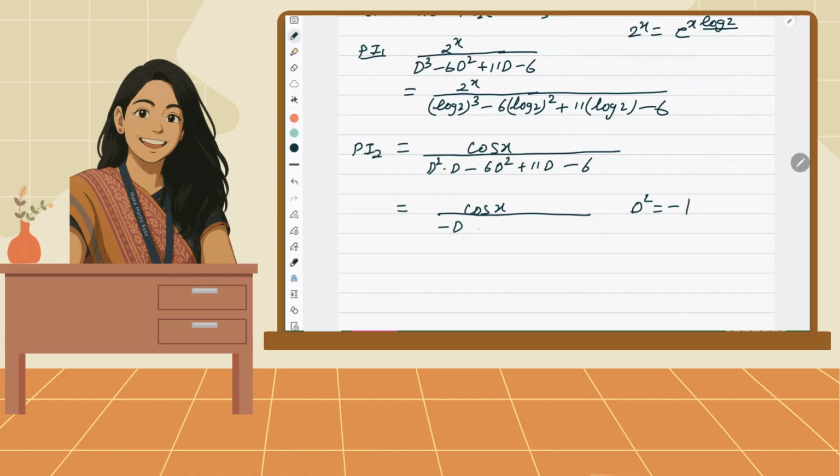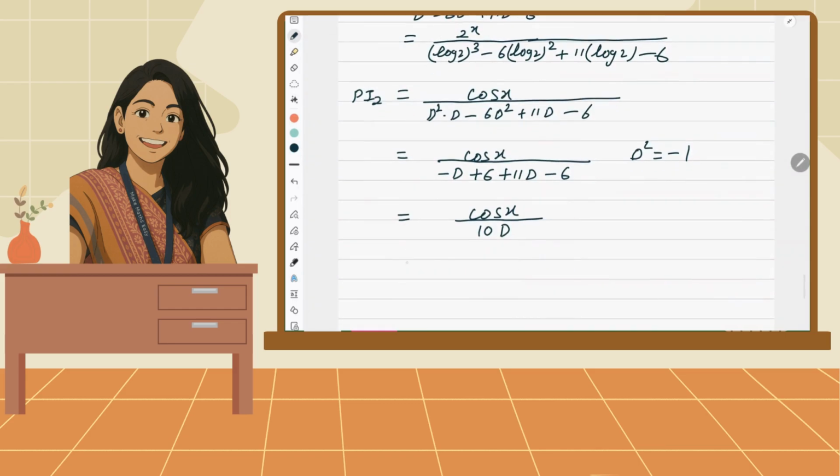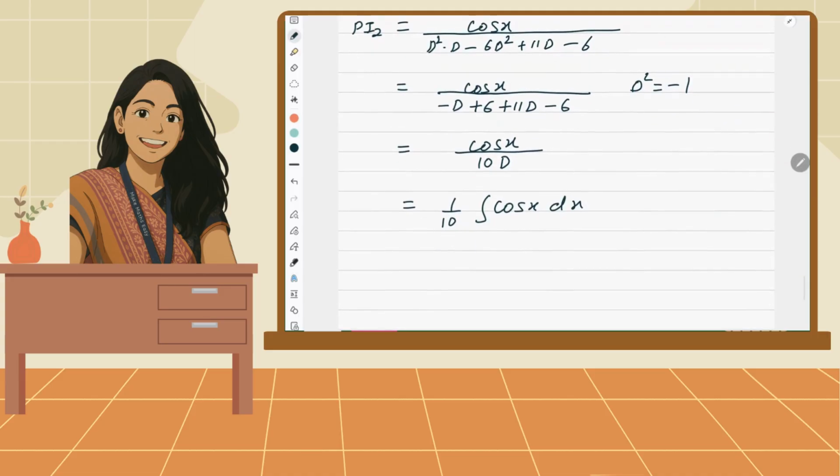So minus d plus 6 plus 11d minus 6. So this is cos x upon 10d. So this is equal to 1 by 10 integration of cos x dx because 1 by d means integrate. So it is 1 by 10 and sin x.